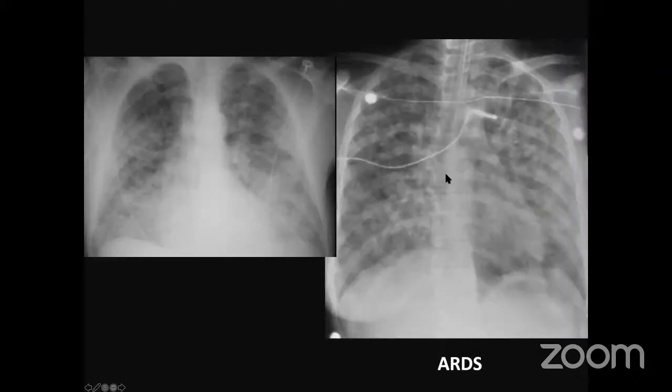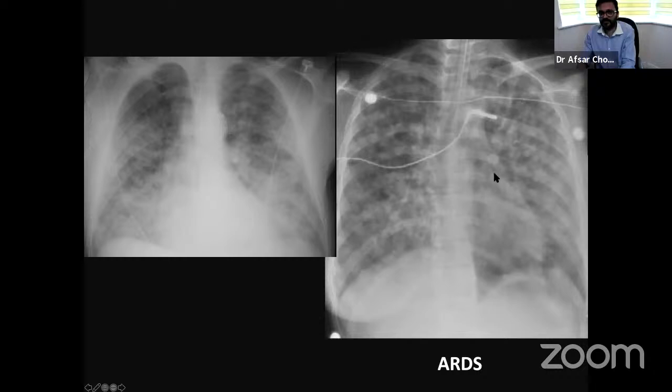That's an X-ray of ARDS, where you can see that there's not much of a perihilar pattern. It's widespread, and the main thing in ARDS is that there is a delay in the onset and a delay in the resolution of the opacities.